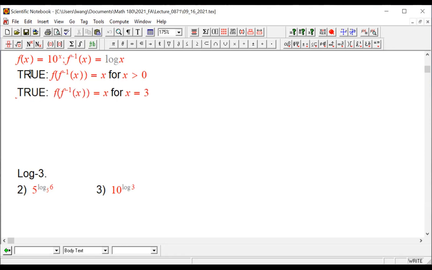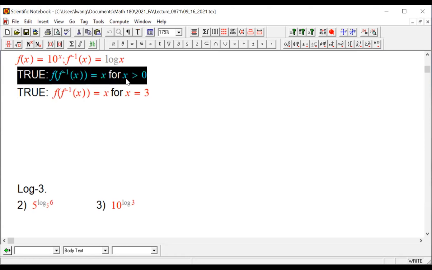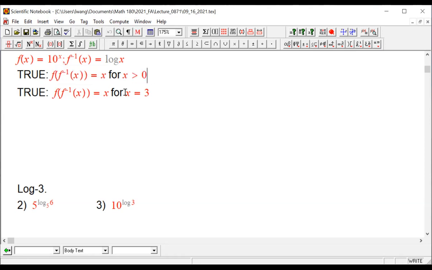So the logic is, this sentence says this is true for any positive number. Now I pick a number, input equals 3, and it is certainly true, right?